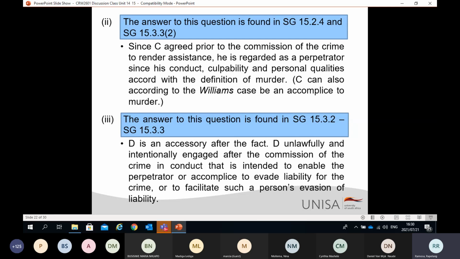So I want you to see, and I want you to stress, that the definitions that have been given to you have not been given just ordinarily for your entertainment. They are given in shaded blocks for your use. So you can't say someone is a perpetrator by virtue of common purpose, but not define common purpose, not give case authority where you rely on the definition concerned, not say that that person is either a perpetrator by prior agreement or active association, and therefore the acts of the co-perpetrators are imputed to satisfy that person's missing conduct.